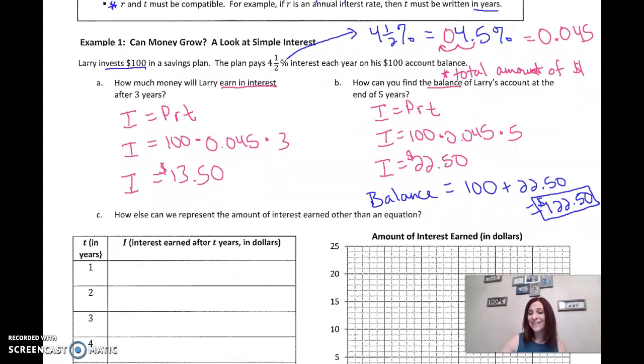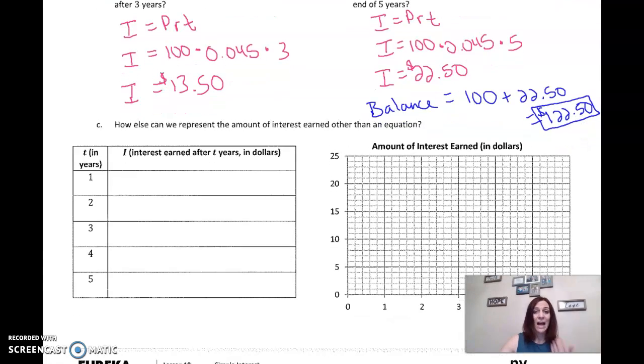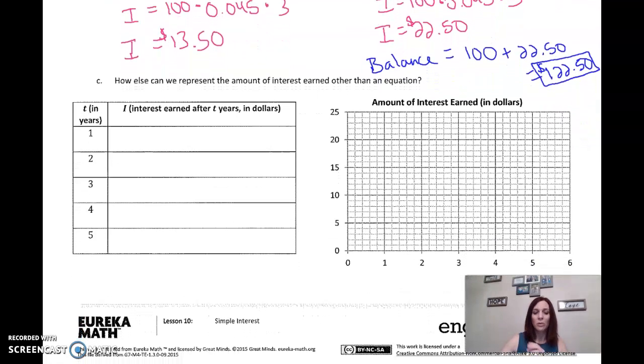Now, we have represented these things as equations. How else can we represent it? So real quick, let's just talk about how we can put this stuff on a graph, okay? So after 1 year, what does our interest earn after 1 year? Well, remember, interest is going to equal principal times rate times time.